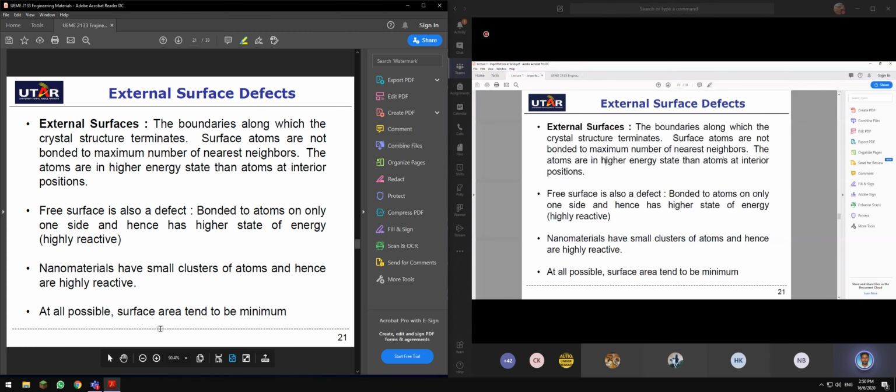The atoms are in a higher energy state than the atoms at interior positions. A free surface is also a defect. We call that a defect, bonded to atoms on only one side and hence has a higher state of energy, highly reactive. Nanomaterials have smaller clusters of atoms and hence are highly reactive. Of all possible surfaces, tend to be minimum.